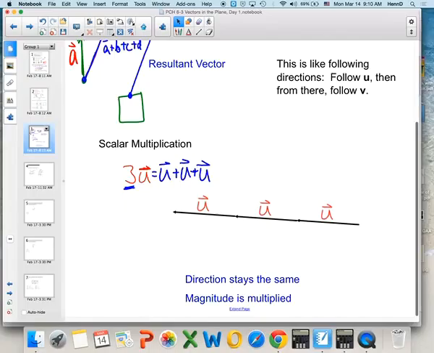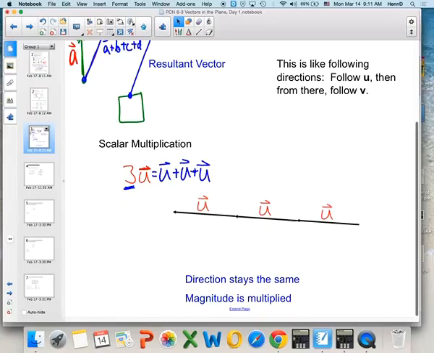So this is how we can do scalar multiplication. And when you're dealing with one of these things, remember, you can multiply by a fraction as well. One thing that we're going to look at later are unit vectors. What do you think the magnitude of a unit vector is? 1.